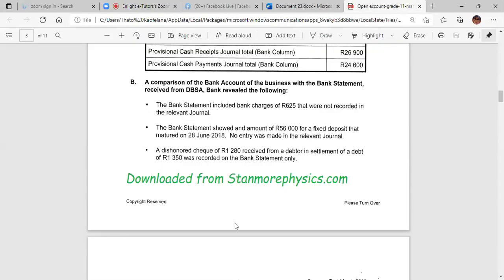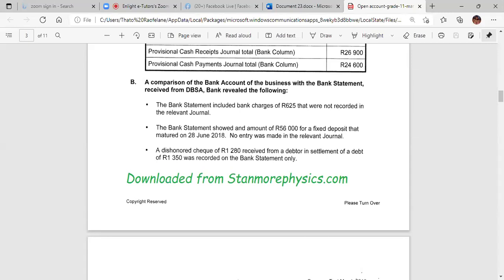And then we have a dishonoured cheque of 1,280 that was received from a debtor in settlement of a debt of 1,350. And it was recorded on the bank statement only.